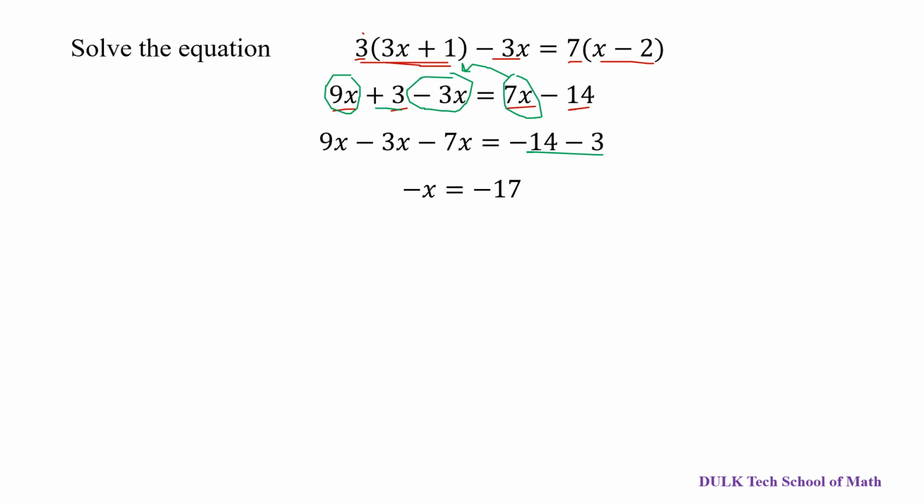You can divide both sides by minus 1 like this, or you can just multiply both sides by minus 1. You'll still get the same answer. Right, if we divide both sides by minus 1 like this, minus 1 into minus 1 is 1, so we remain with x on the left hand side. Then minus 1 into minus 17 simplifies to 17. So our final answer is x is equal to 17.